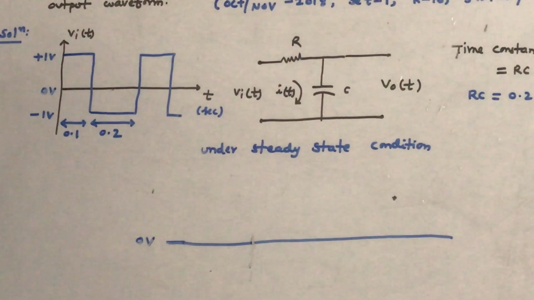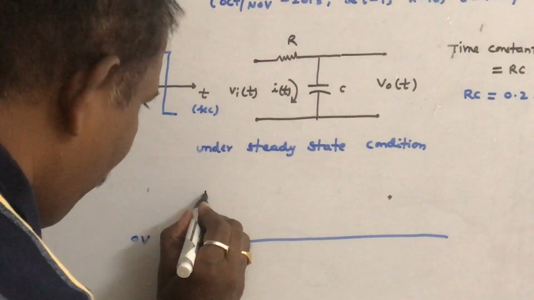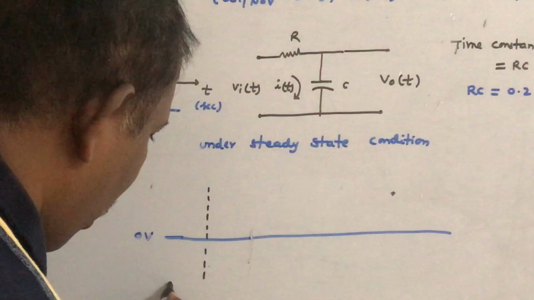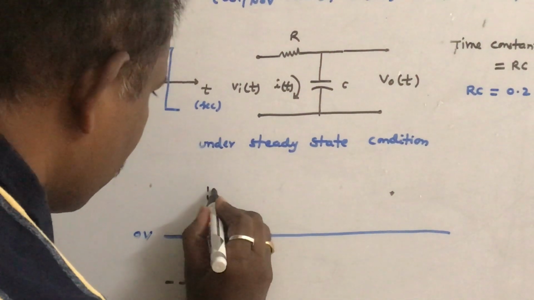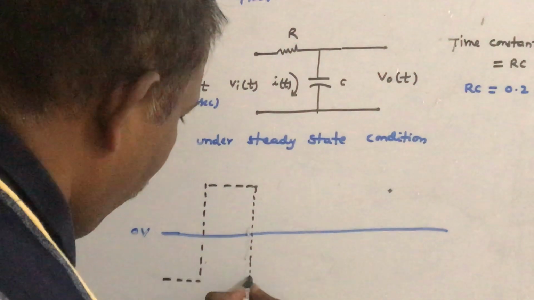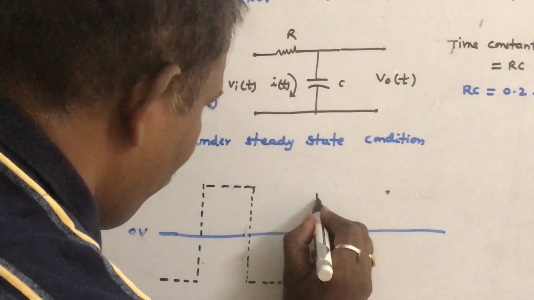Remember that this is an unsymmetrical square wave. First let us draw the square wave input. First 0.1 seconds, next 0.2 seconds negative portion.